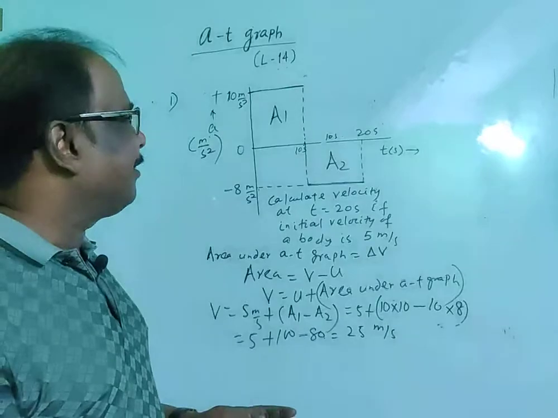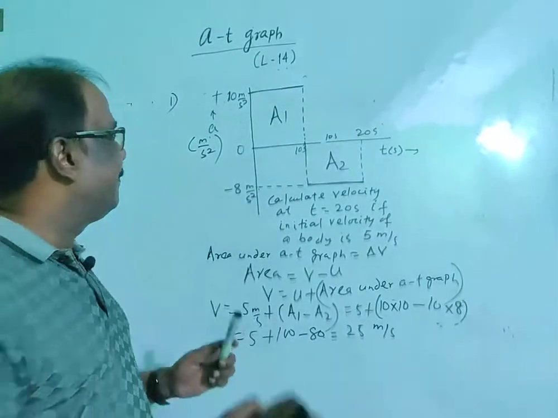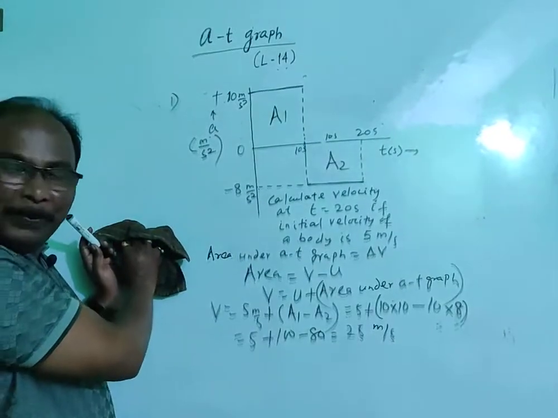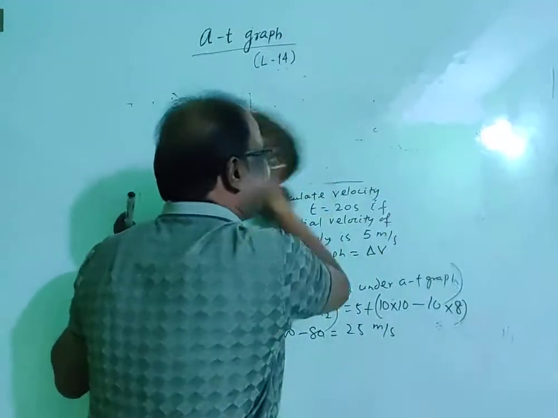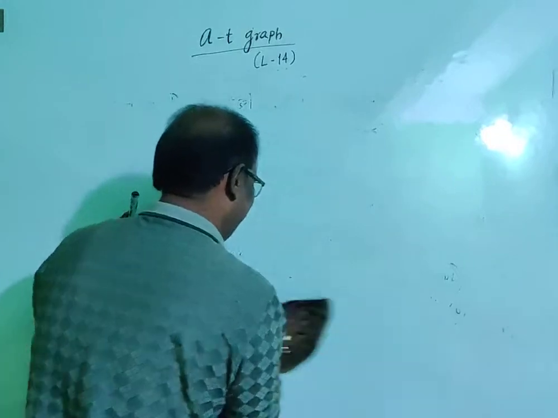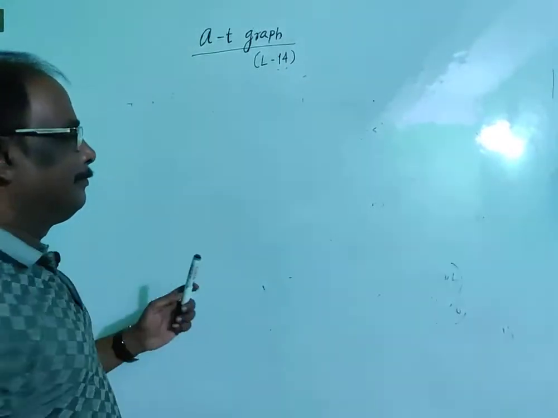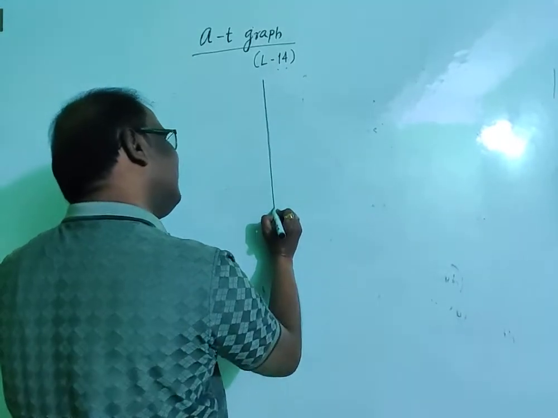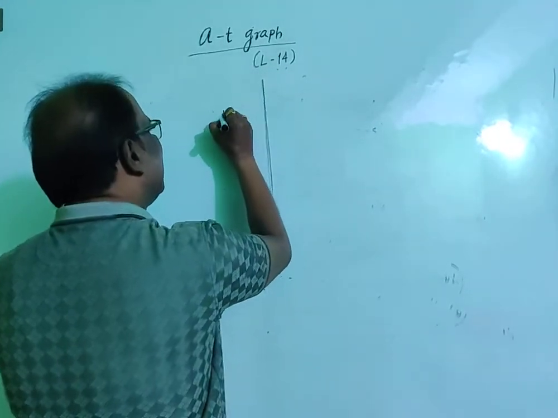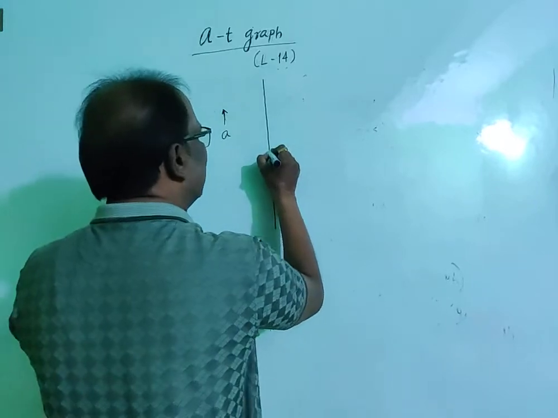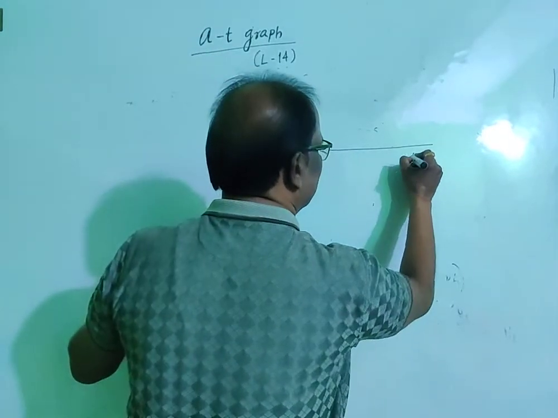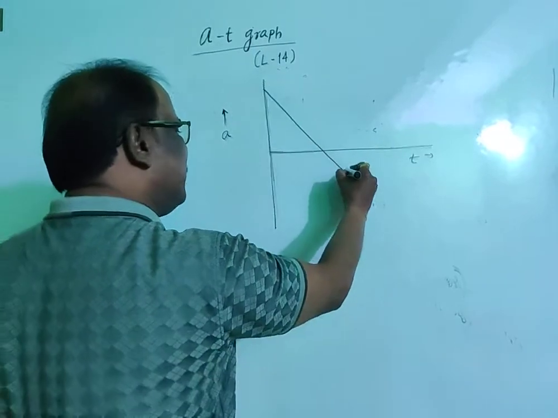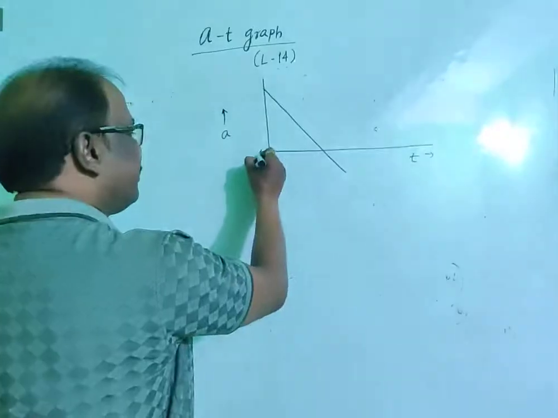Okay. And another one, an easier numerical. Can I erase it now? Okay. Suppose this is a given graph, acceleration and time. The graph is like this. This is 0.